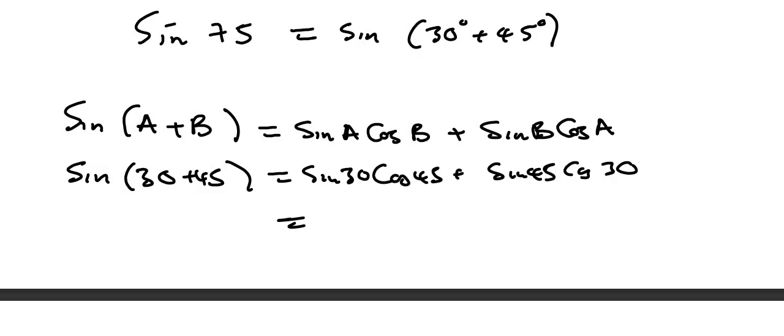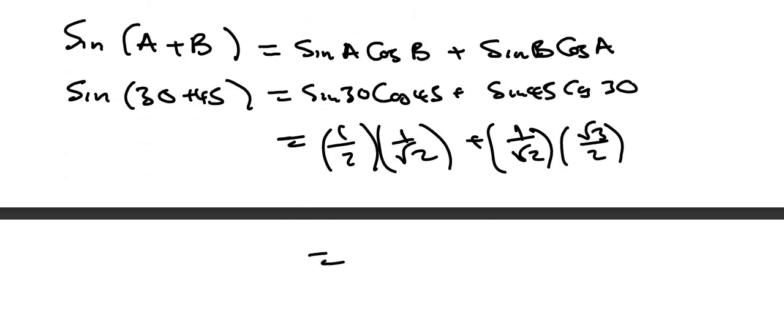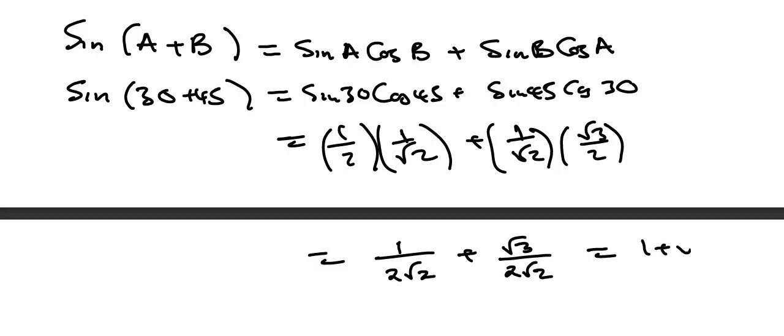Cos 45 is 1 over root 2, sine 45 is 1 over root 2, and cos 30 is root 3 over 2. So the first part gives you 1 over 2 root 2, and the second part gives you root 3 over 2 root 2. When you add these, you get 1 plus root 3 over 2 root 2.